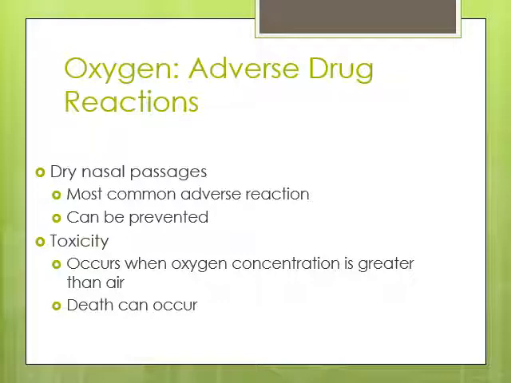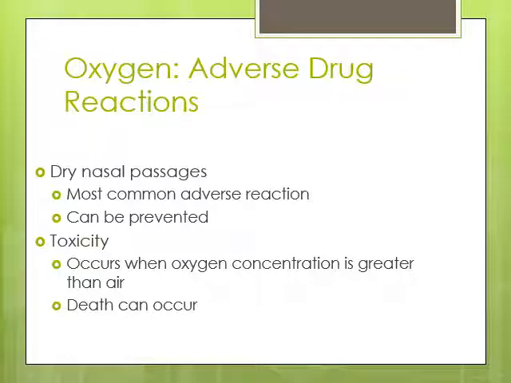Toxicity can occur, and you can see it when inspired concentrations of oxygen exceed those of air for prolonged periods of time, and you can have cell membrane death and some serious issues related to this.